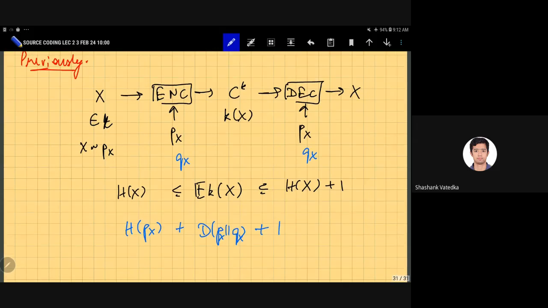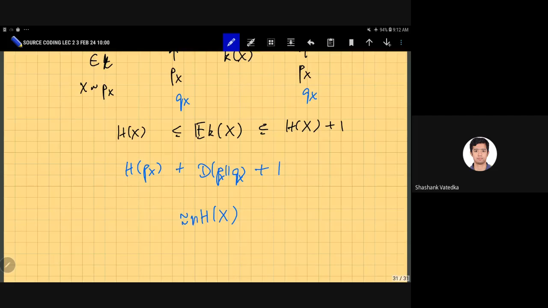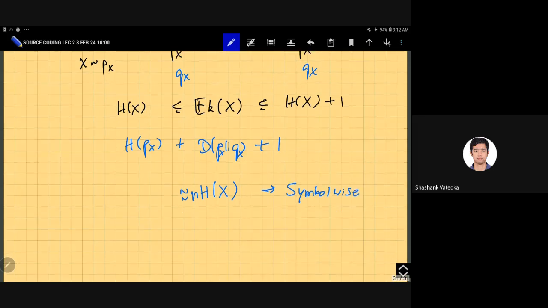Now, if we do symbol-wise encoding, then the best possible expected compression length that you can achieve is close to H(X) bits per symbol, of course assuming that both the encoder and the decoder know Px exactly. Sorry, the compression length is n times H(X) if we do symbol-wise encoding. But on the other hand, if we do block-wise encoding, we can get close to H(X^n) plus some constant.